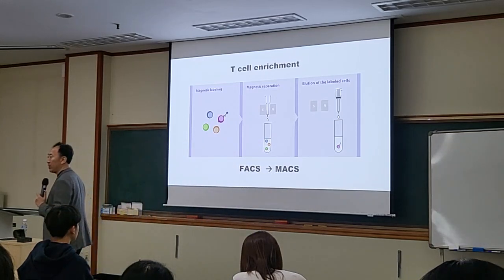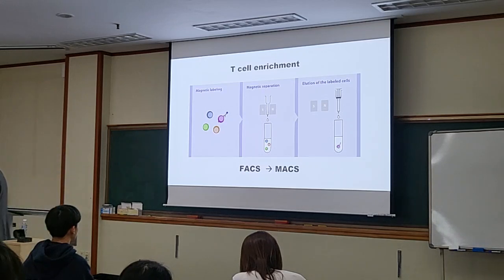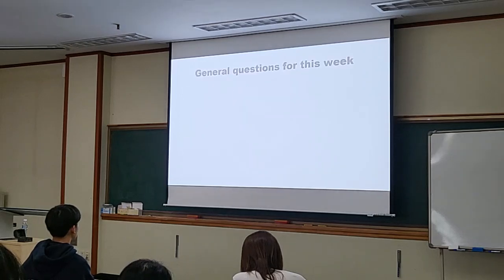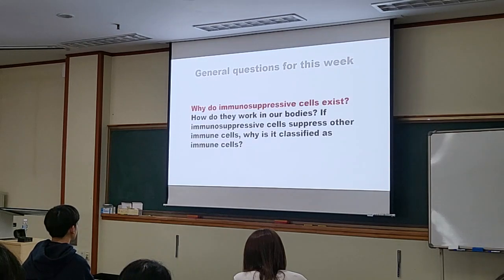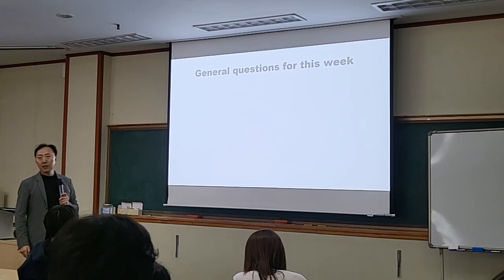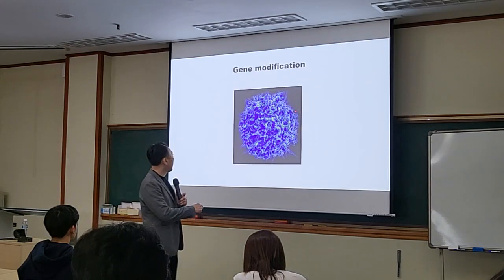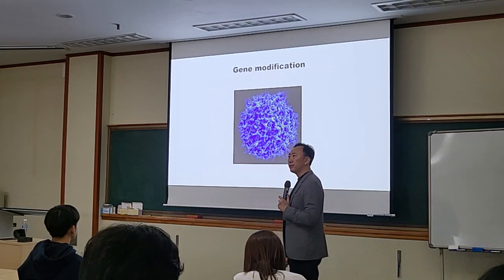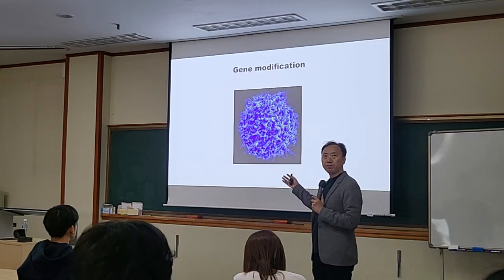Through this method, you can collect the CD8 cell, and then you can do gene modification, introducing a gene inside here and letting them make something new. So this is the target.